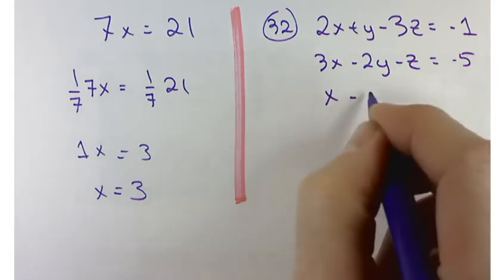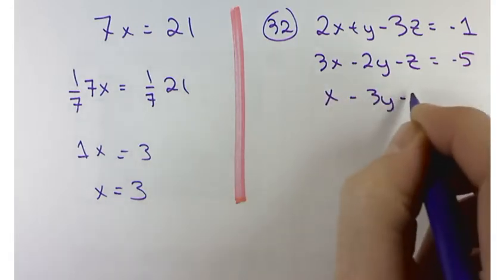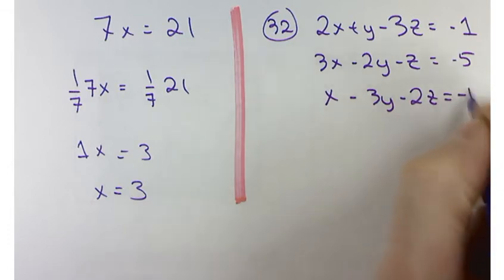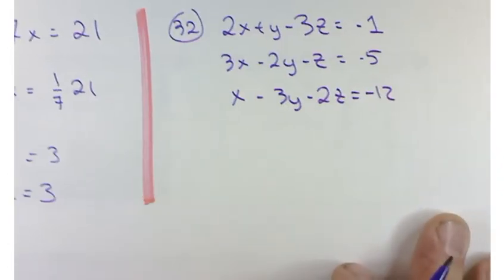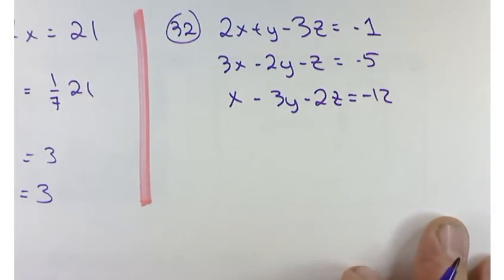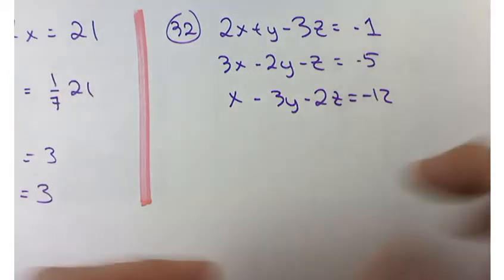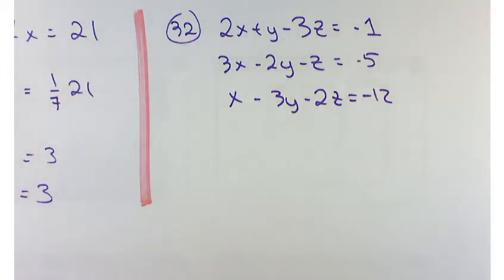And x minus 3y minus 2z equals negative 12. My goal is to rewrite this using matrices and then solve it using matrices.